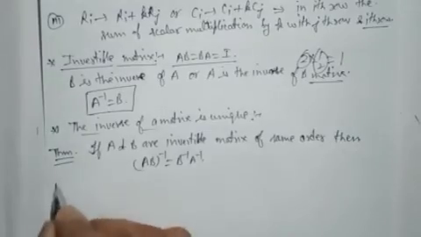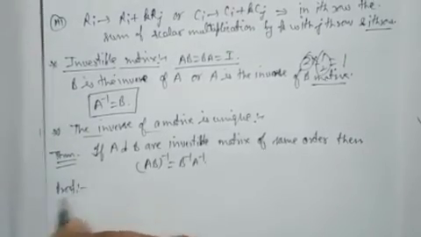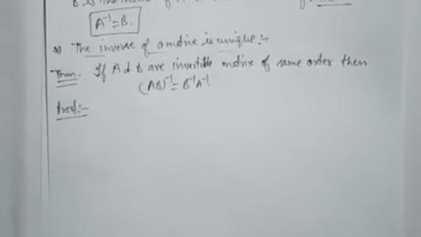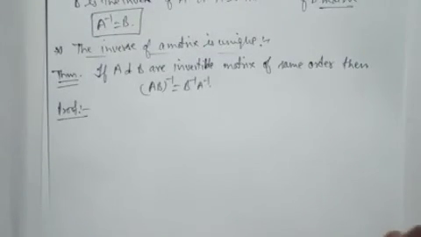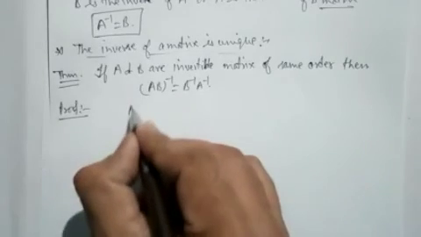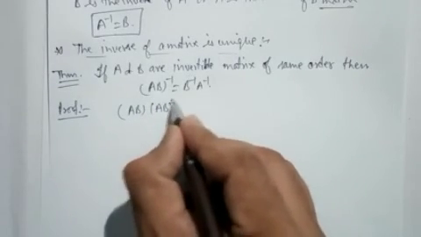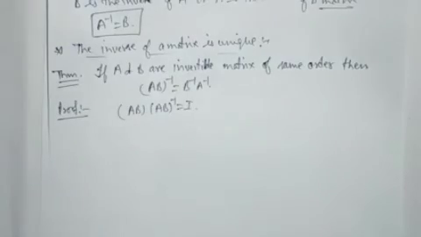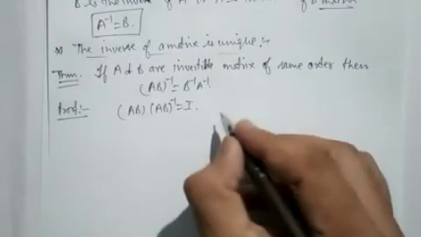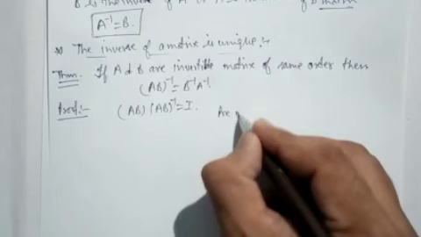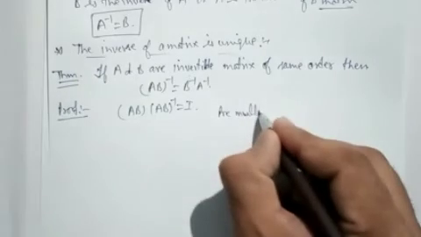So for proof, as we know that the multiplication of two matrices is the identity matrix, so AB and its inverse (AB) inverse equals to identity.